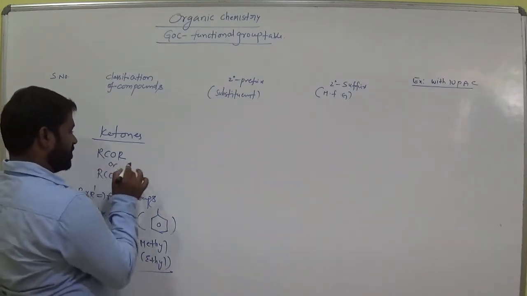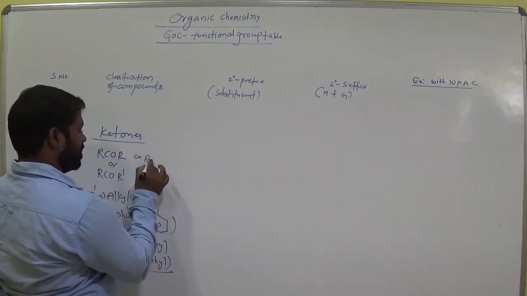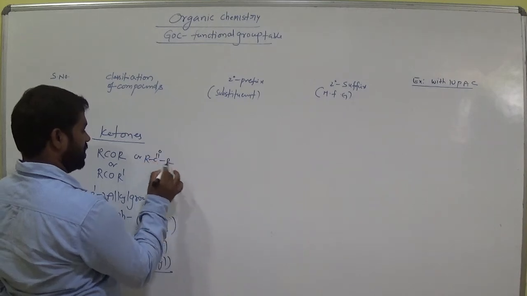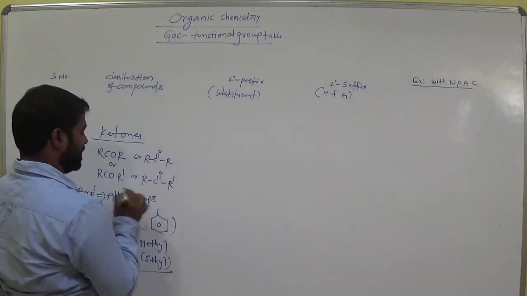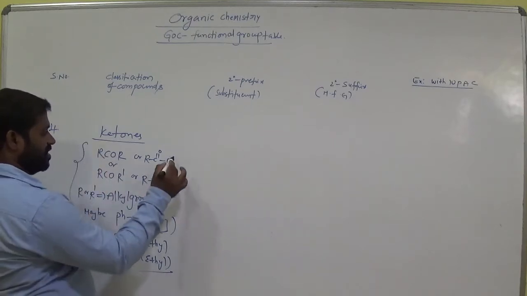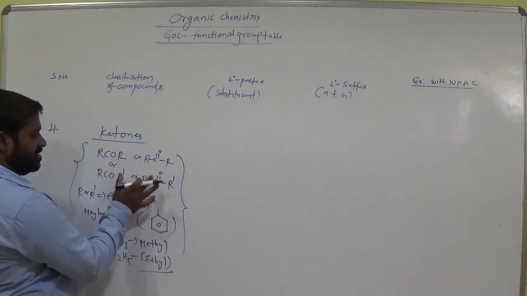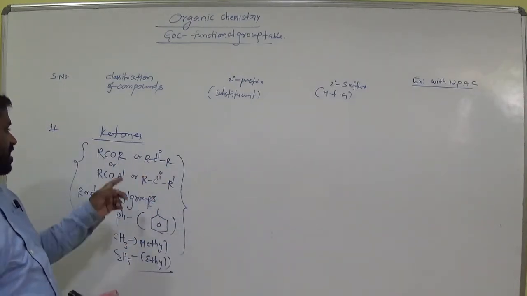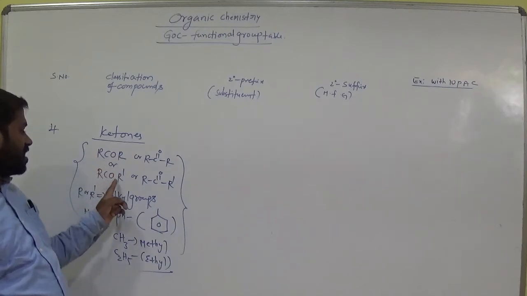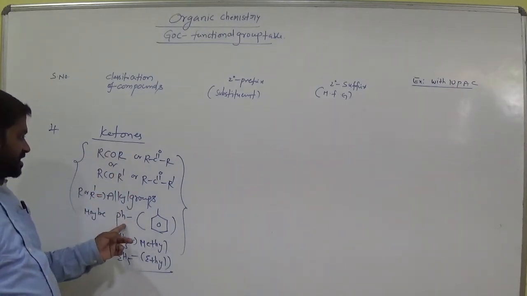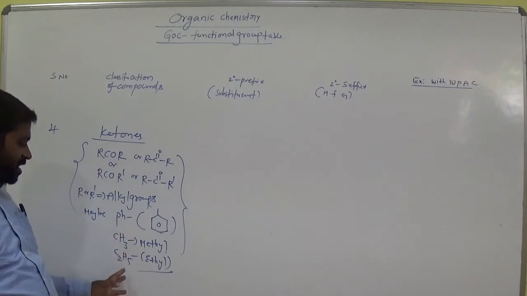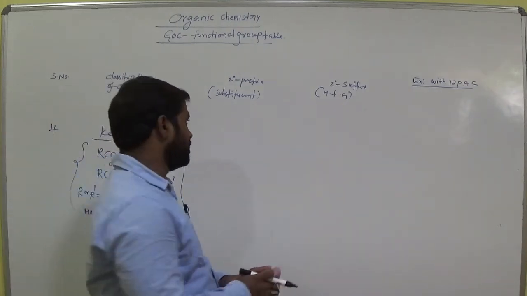We can also represent this structure as R-C double bond O-R'. This is called a ketone in this format, where R' is not a hydrogen. R' means phenyl group or CH3, C2H5, etc. Not a hydrogen, remember this.